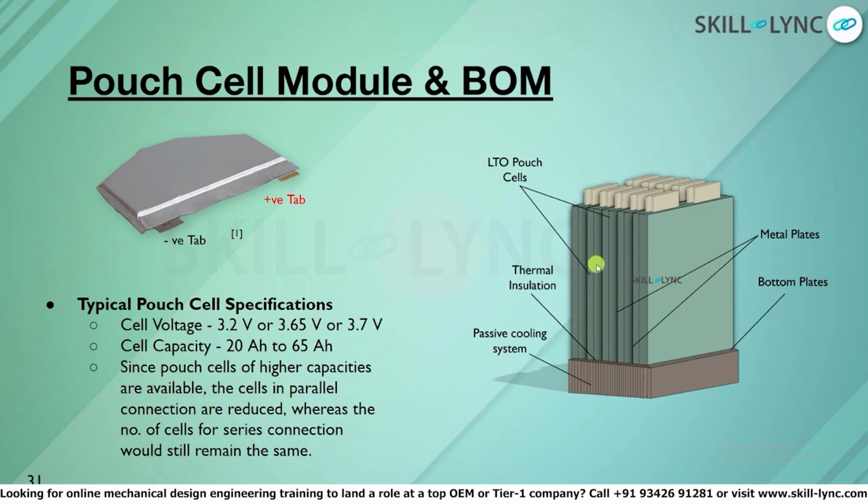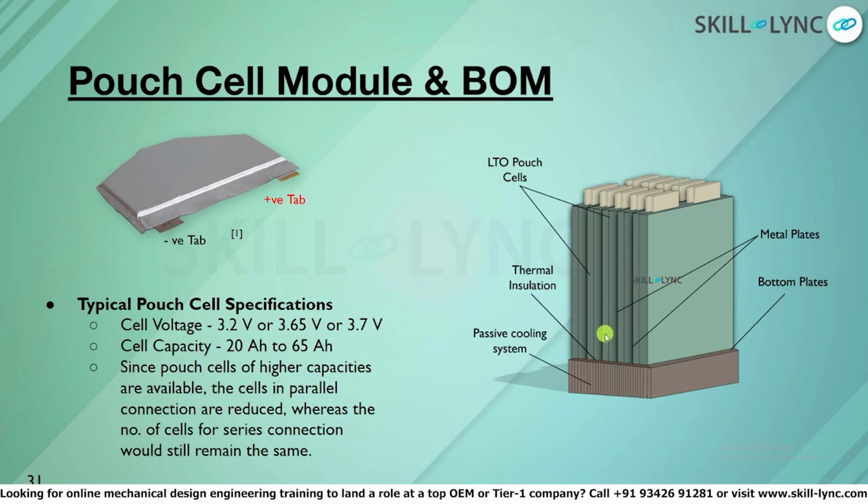One thing is, in this pouch cell we use metal plates in between. At these arrows we put metal plates, preferably aluminium, because there is a lot of flat area and vacant space, so that the heat can be dissipated from the cells, and the plate acts as a heat sink.